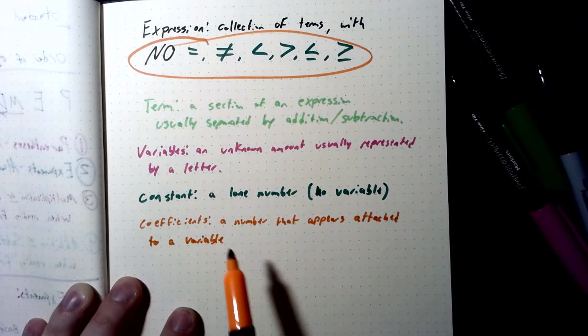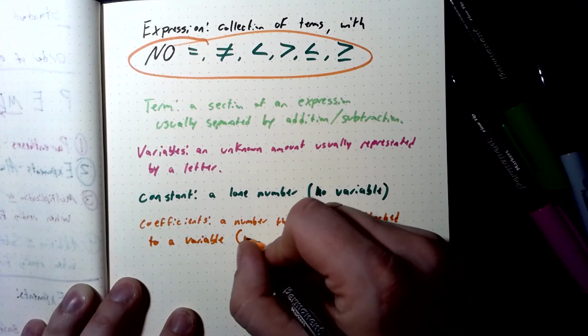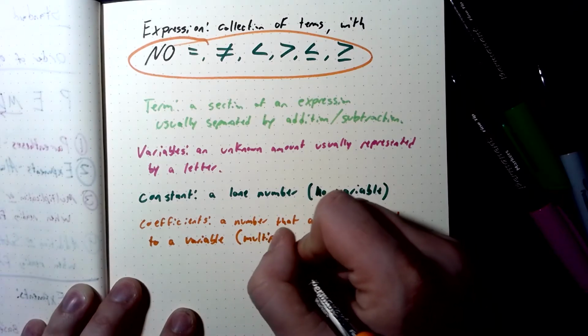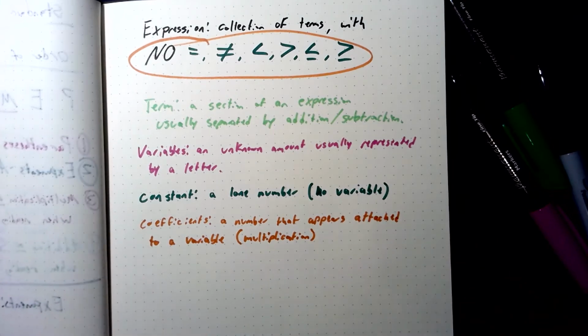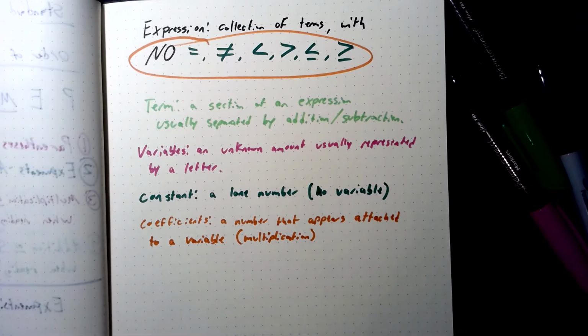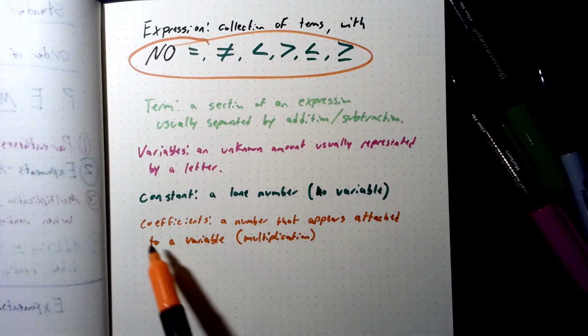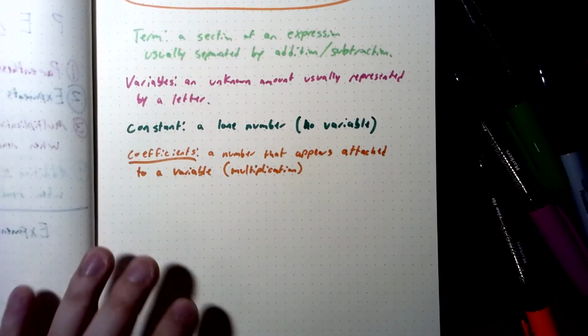And when you see a number that is attached to a variable, that implies multiplication. For example, whenever you see 2x, that says 2 times x. Whenever you see 4y, that implies 4 times y. It is an assumption that is made by the nature of what a coefficient is. So that is a coefficient.